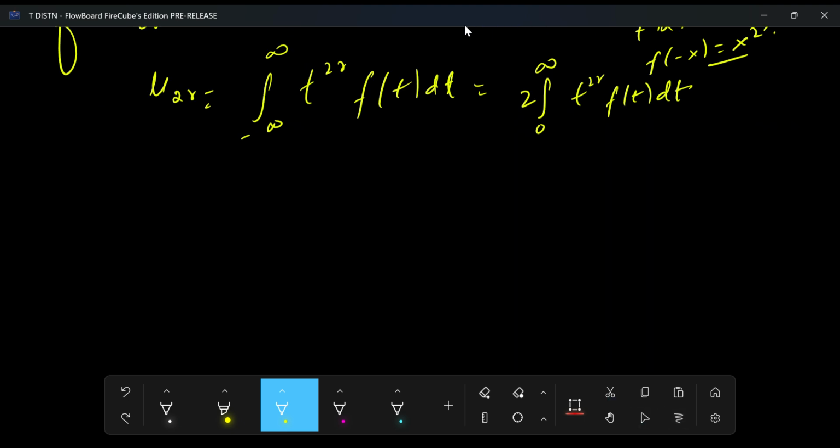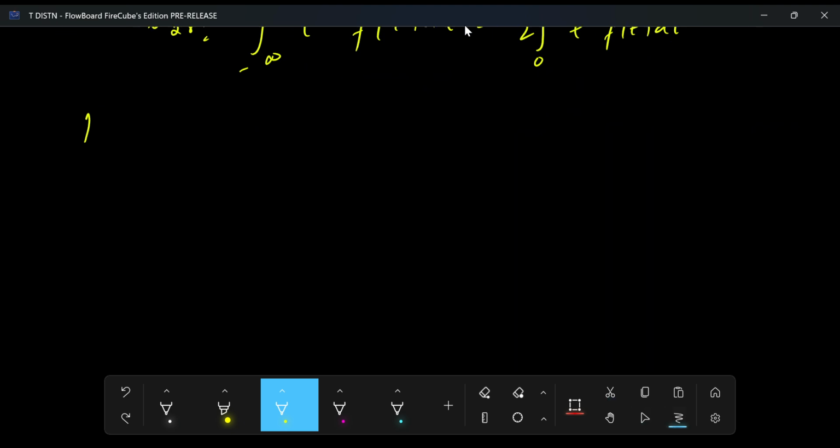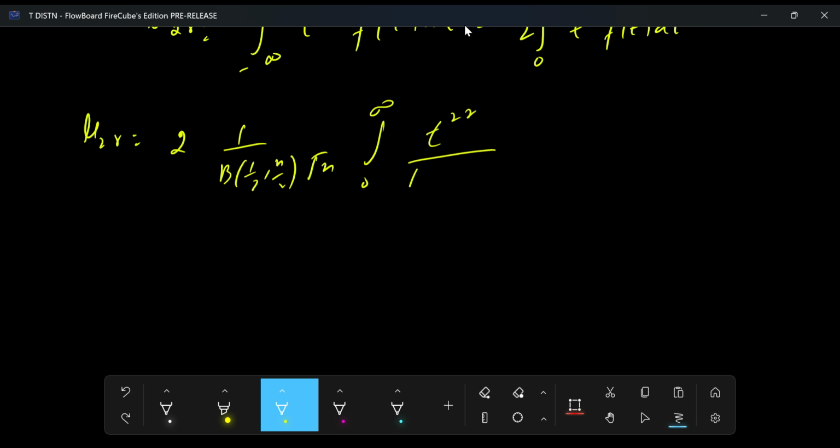Now calculating mu 2r, that is 2 times 1 upon beta (1 by 2, n by 2) under root n, that is the PDF of the T distribution, t to the 2r upon (1 plus t square upon n) to the power (n plus 1) divided by 2 dt. Clear?